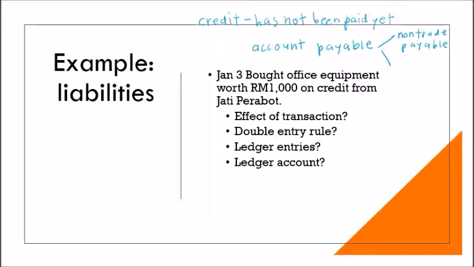The second one being trade payable. Trade payable is for suppliers, meaning buying stock for the business operation, while non-trade payable is buying from non-suppliers. So you have to write its name. Non-trade payable is not buying stock. This is stock.